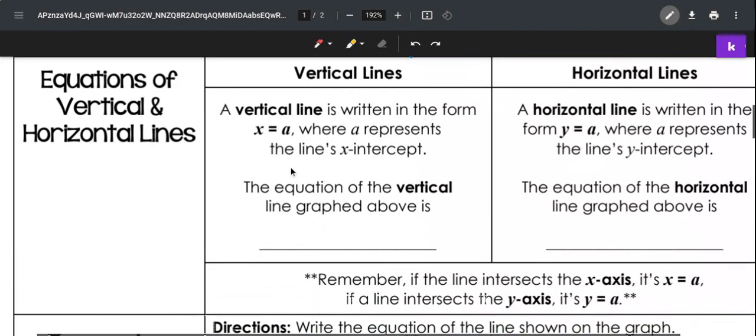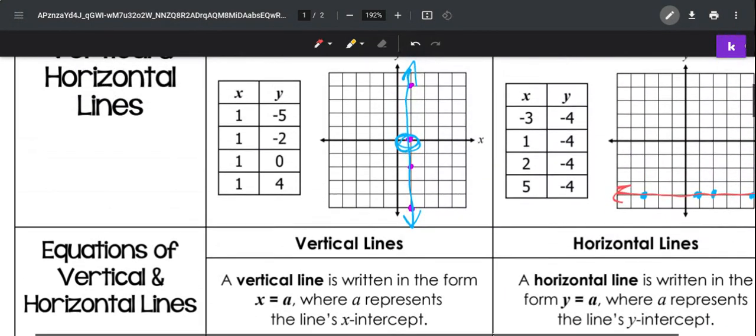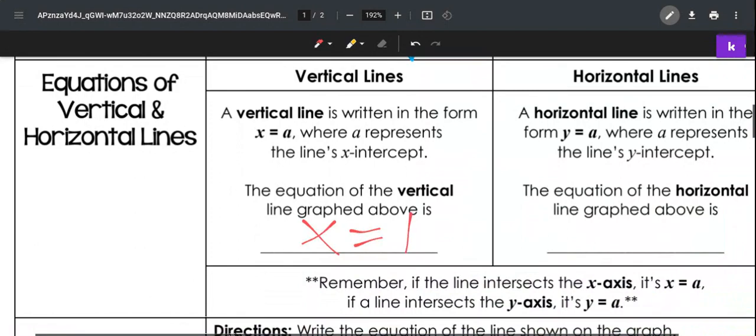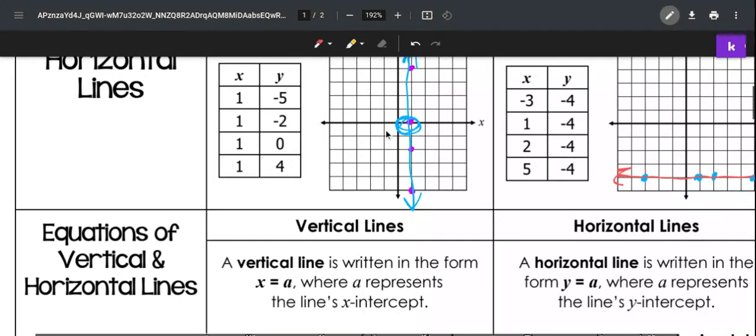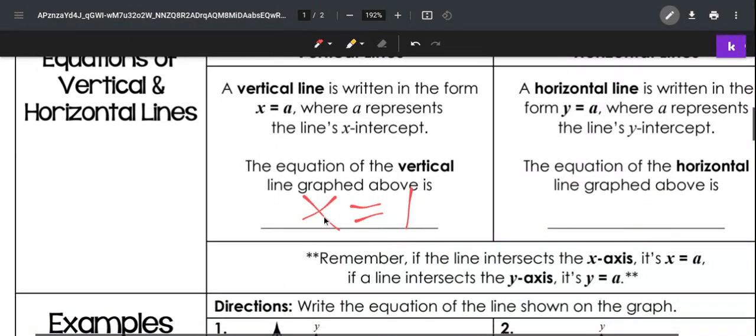So when we write the equation for that line, we write x equals, and then we see where that line crosses through the x-axis, and that's the point we use for our equation. So this vertical line up here, the equation is x equals 1.